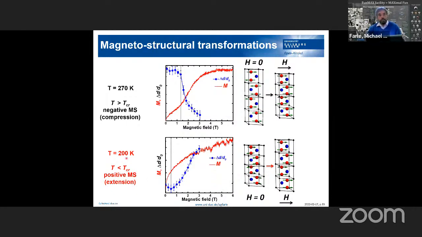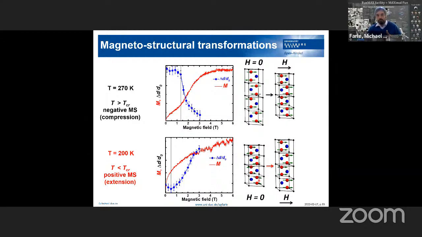Now, if we are at 200 Kelvin, so below this transition, then we see that we have a non-collinear alignment of these green magnetic moments. I hope you can recognize that. You see here, these two are going to the left, this upper one is going to the right, and so on, but they are not anti-collinear.